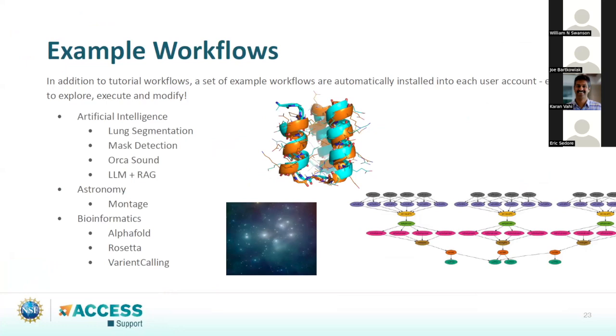The types of workflows we have in the example workflows are some that are AI, there's some machine learning, there's an LLM one, we have some astronomy ones, bioinformatics. So for example, protein folding and things like variant calling.